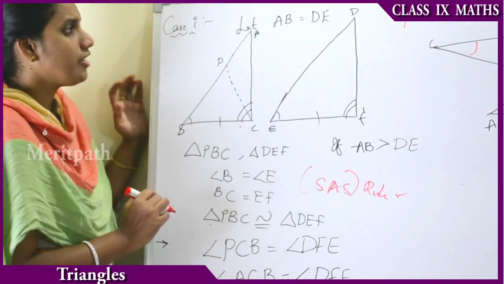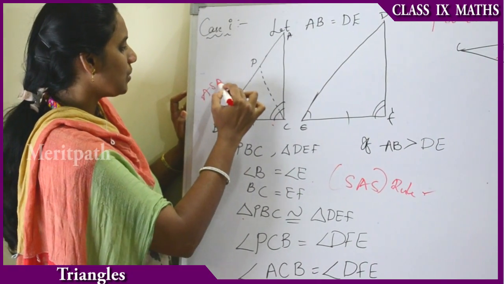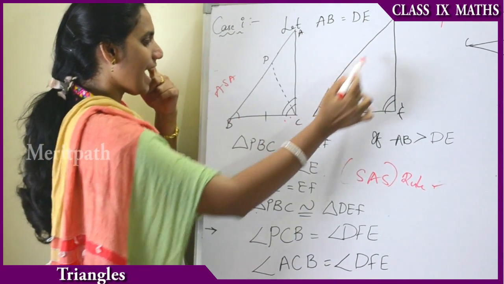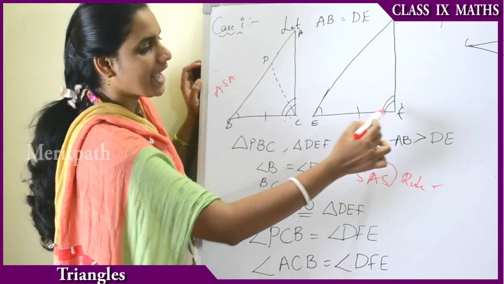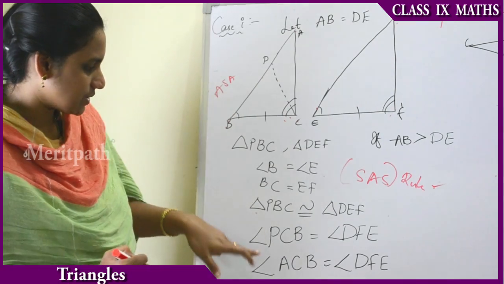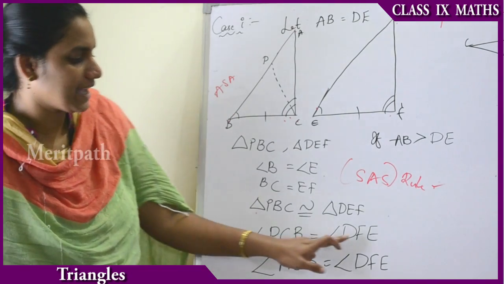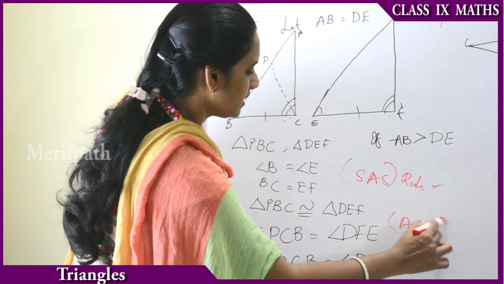But now, according to the ASA rule, the angle B and angle E are equal, and angle C and angle F are equal. So according to that rule, angle C and angle F will be equal.